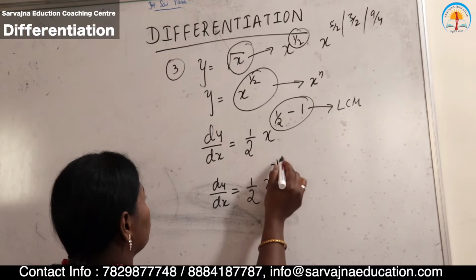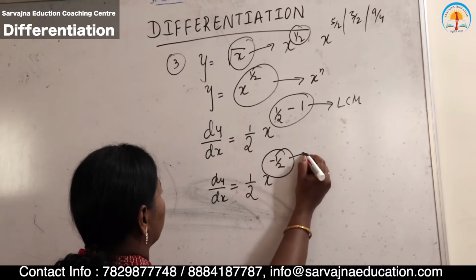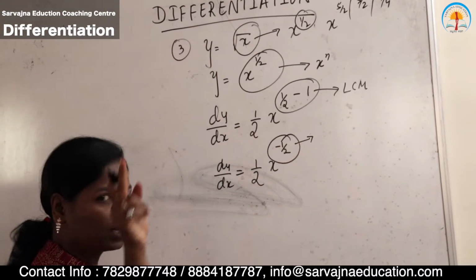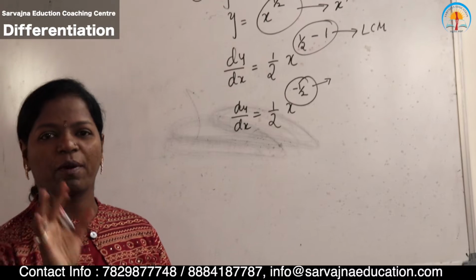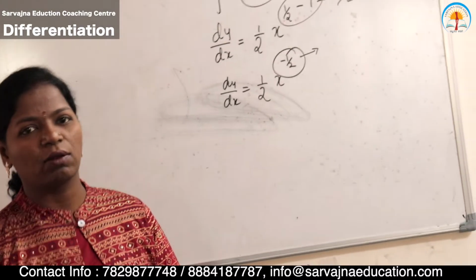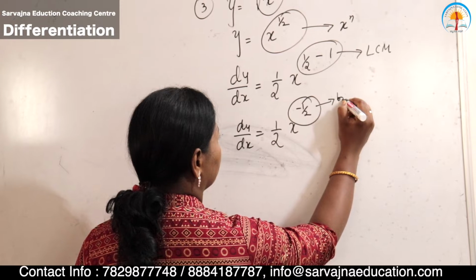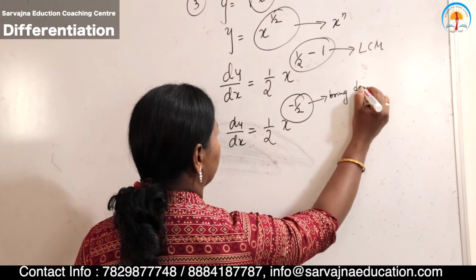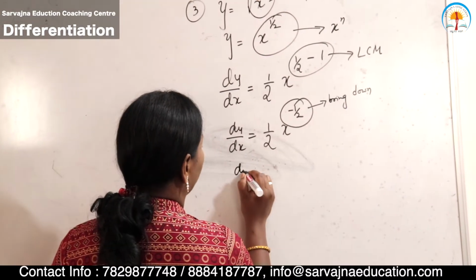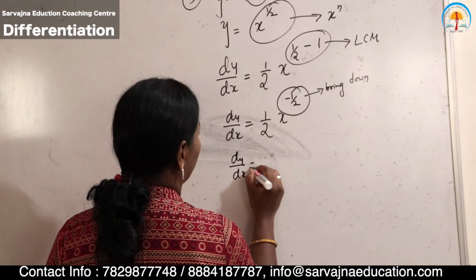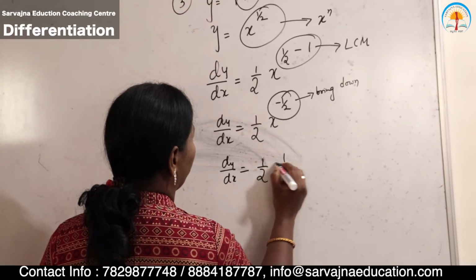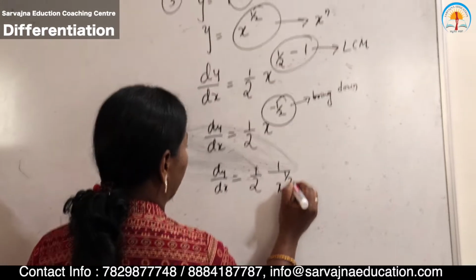As I already told you, if the power is negative, we have to bring it down, and that time it will become positive. So dy by dx is equal to 1 by 2, 1 divided by x to the power of half.